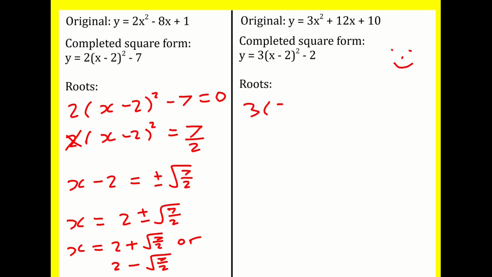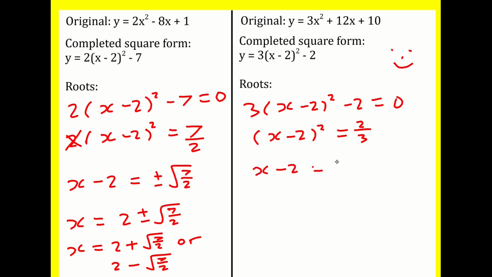So for this one, I'm finding the roots. Again, I'm going to set this thing equal to 0. I'm going to add 2 to both sides, and then I'm going to divide by 3. So it's going to become 2/3. So we've done the main bit. Now we're going to take the square root of both sides. So it's going to be the square root of 2/3, but it's plus or minus again.